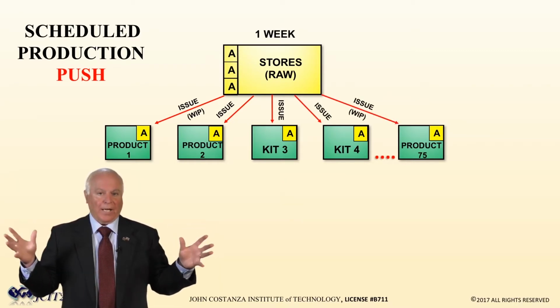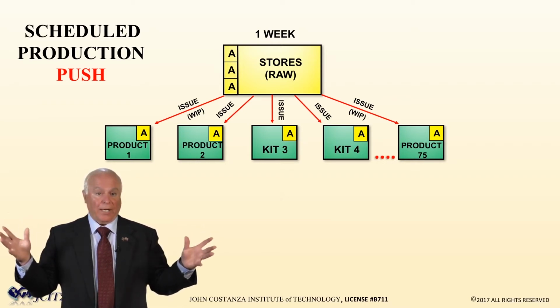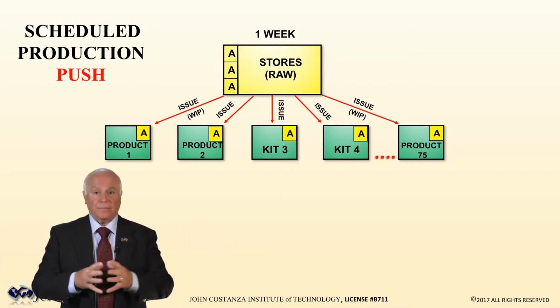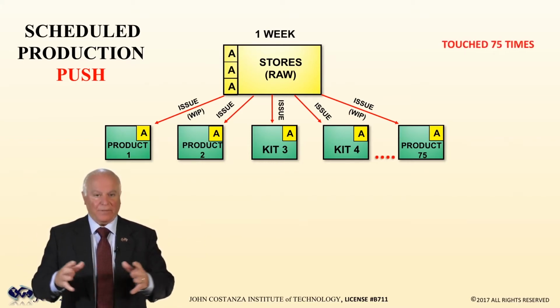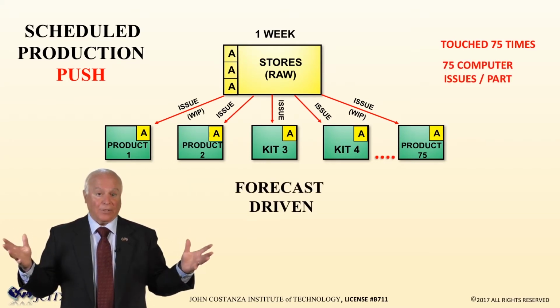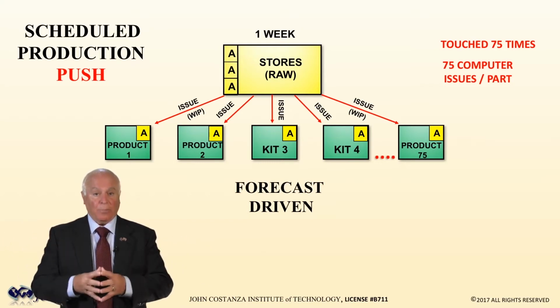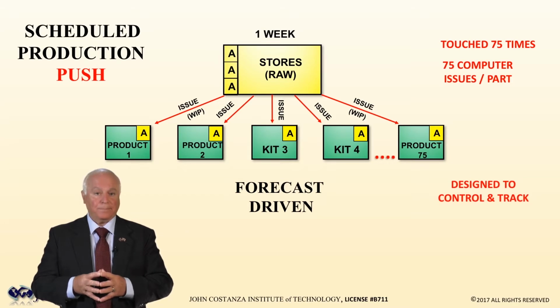We have part number A in our stockroom, and we are issuing part A to each of the products. For that part, we have touched the part 75 times, and we have made 75 transactions, computer and financial transactions, to move the part from raw material to work in process, WIP.